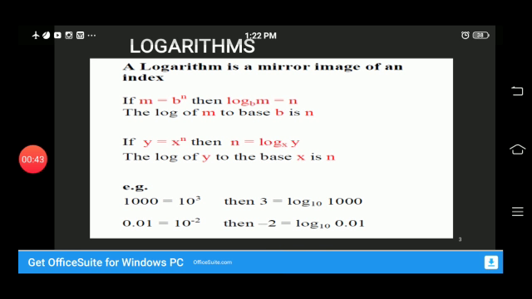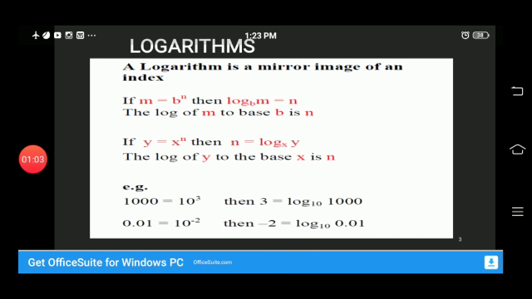The b is written small, on the right-hand side of the log, as a subscript. If y is equal to x raised to power n, then n is equal to log of y to the base x.